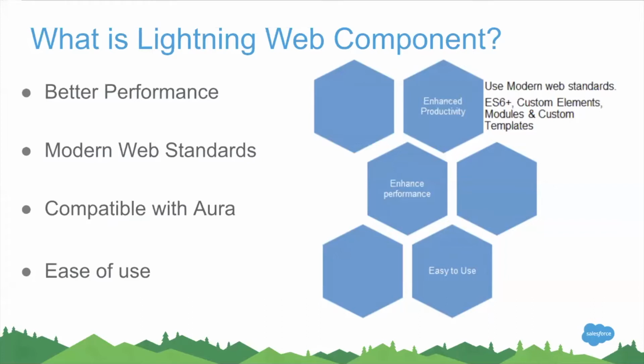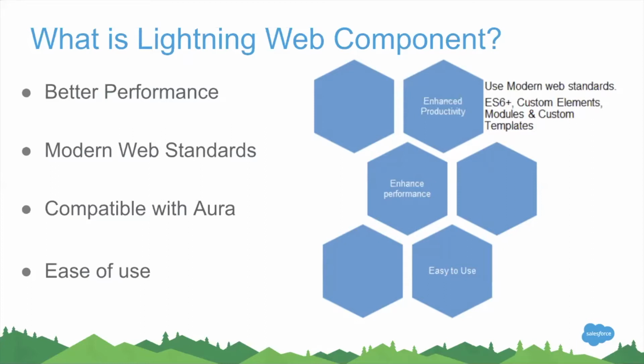Now browsers support custom elements, and Shadow DOM is one of the main features of modern web standards. If you are already working in JavaScript related areas, you might have heard about ES6 and ES7. Those are all in the Lightning Web Component, and it's already compatible.